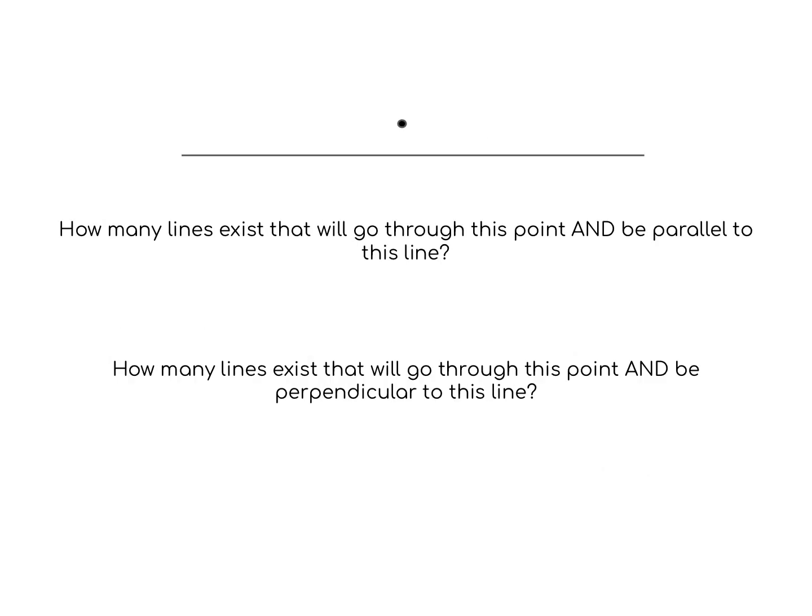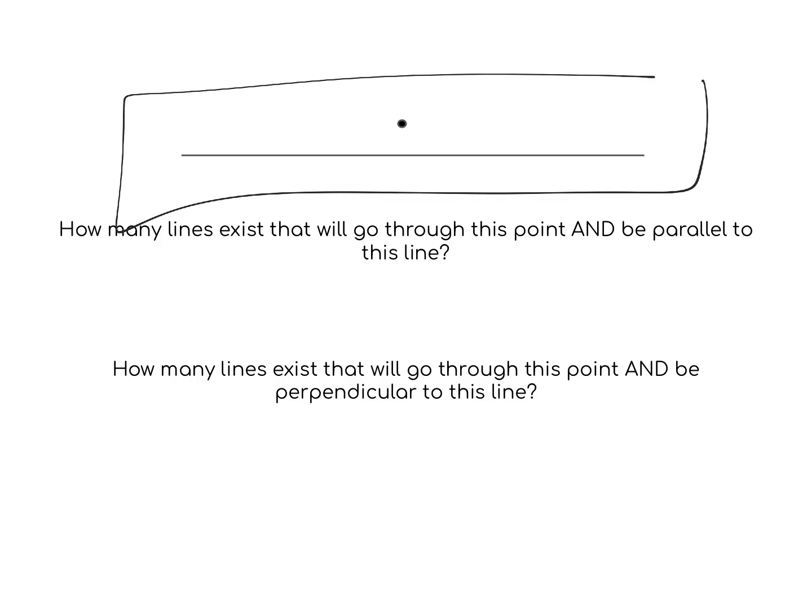And so on this slide, what we're doing is talking about those postulates just a little bit more. So for example, if we have this image up above, we've got a line segment and we've got a point. We could ask how many lines exist that will go through this point and be parallel. Well, we know that there's only one that is going to exist from that postulate above. Same idea here.